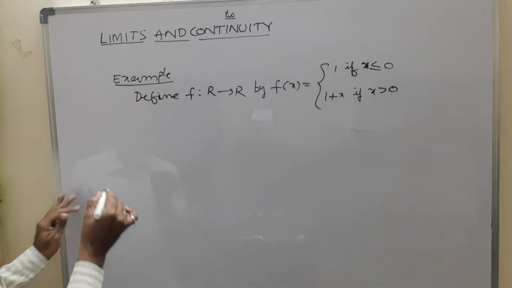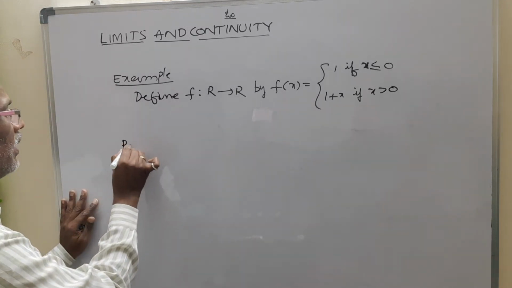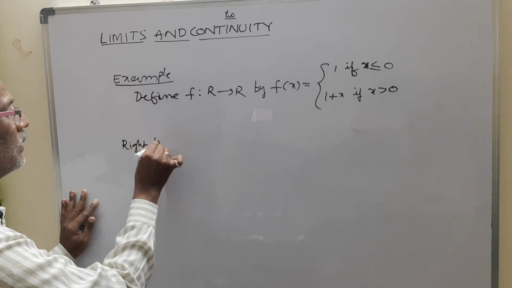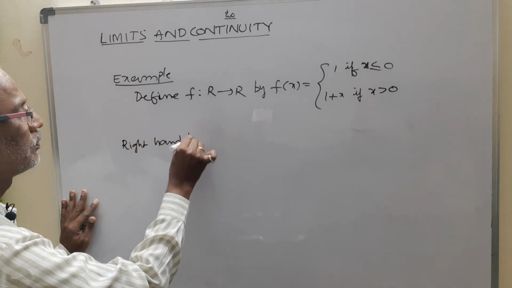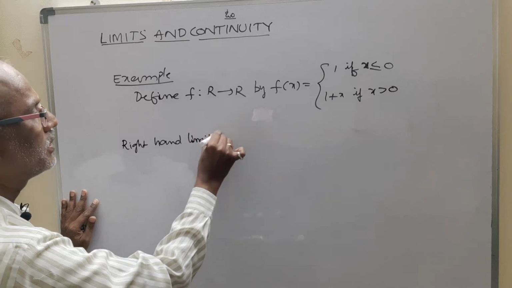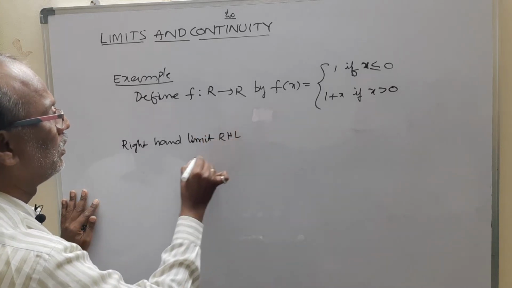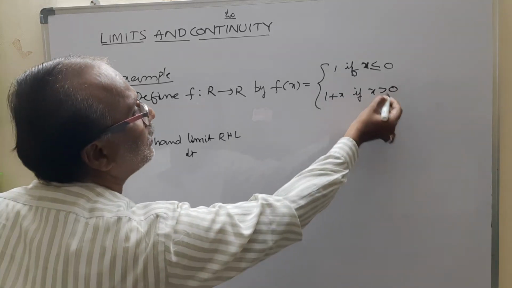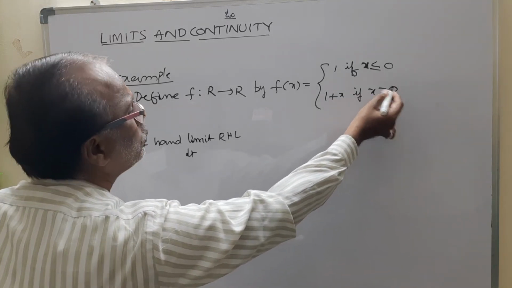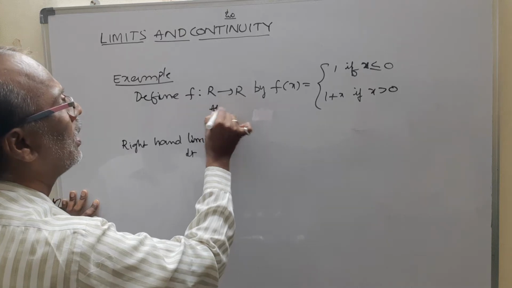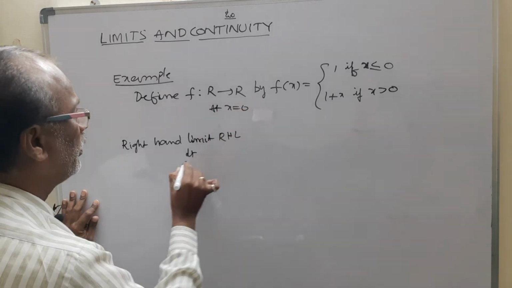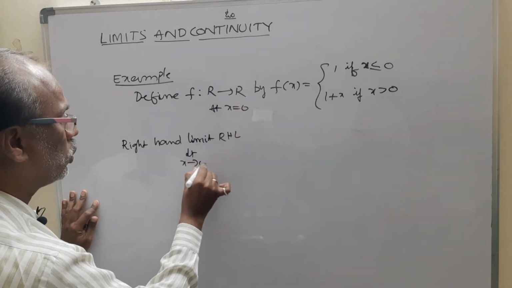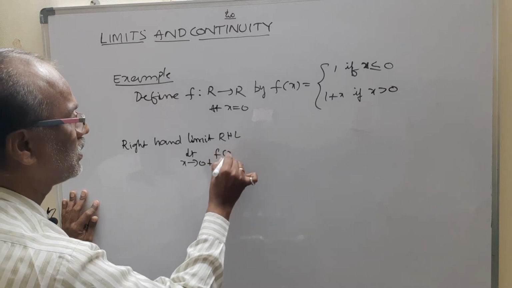First find the right hand limit, RHL. Here a equals 0. To find it at x equal to 0, limit as x tends to 0 plus of f of x.